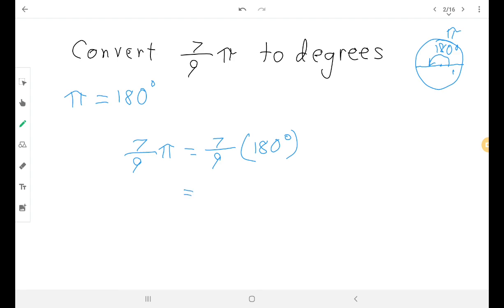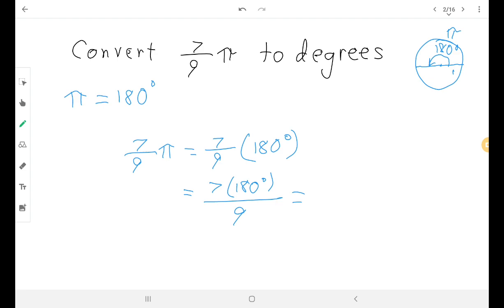So then I can say that's 7 times 180 degrees over 9, and I can focus on this 180 over 9 because 180 divided by 9 is 20: 18 divided by 9 is 2, and then you tack a 0 on the end of it.